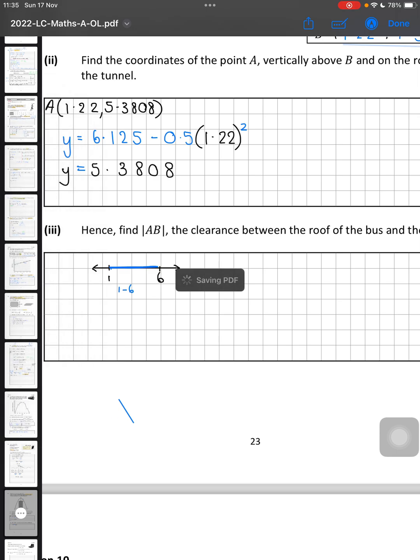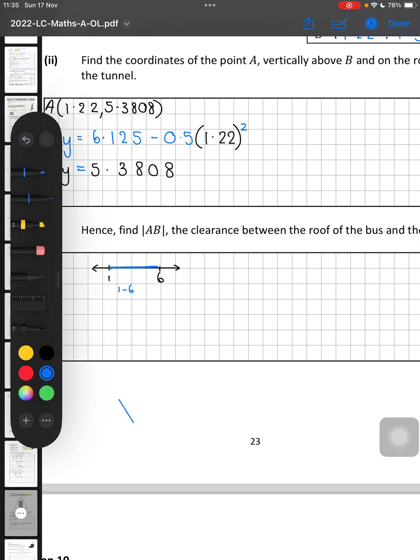So we have lines on each side because it's a distance. So from 1 to 6, technically 1 minus 6 is minus 5, but it's a distance, so it's positive, so it's 5.